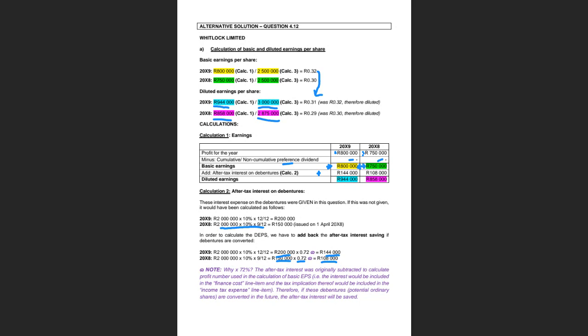It went from 32 to 31. And also in the prior year, there was a dilutive effect. It went from 30 to 29. So in both of those cases, we had a dilutive effect, and therefore we had diluted earnings per share. Okay, so that's basically the end of this question.